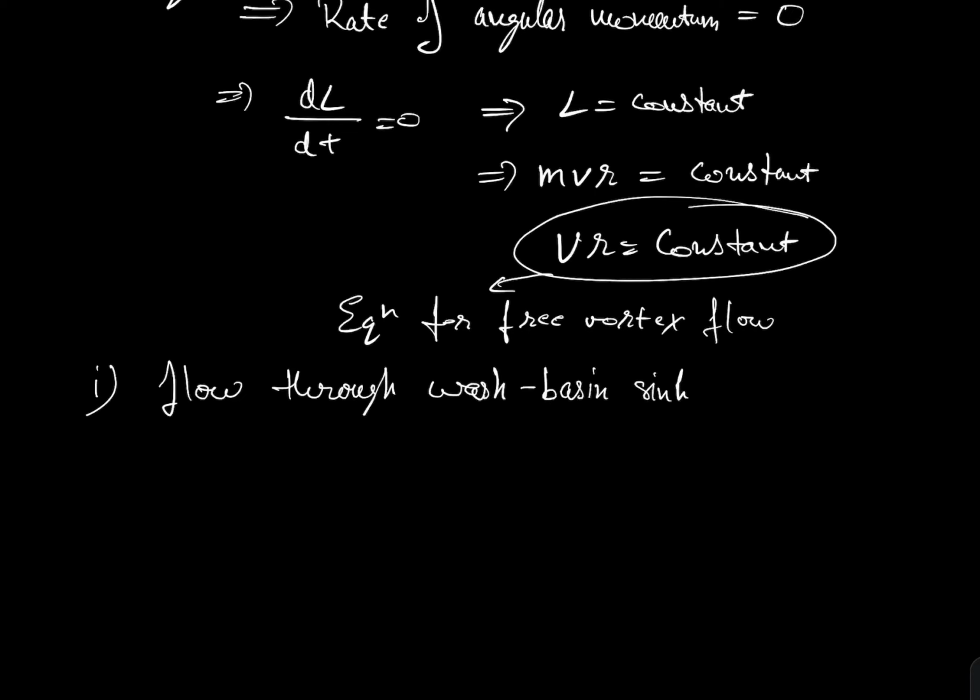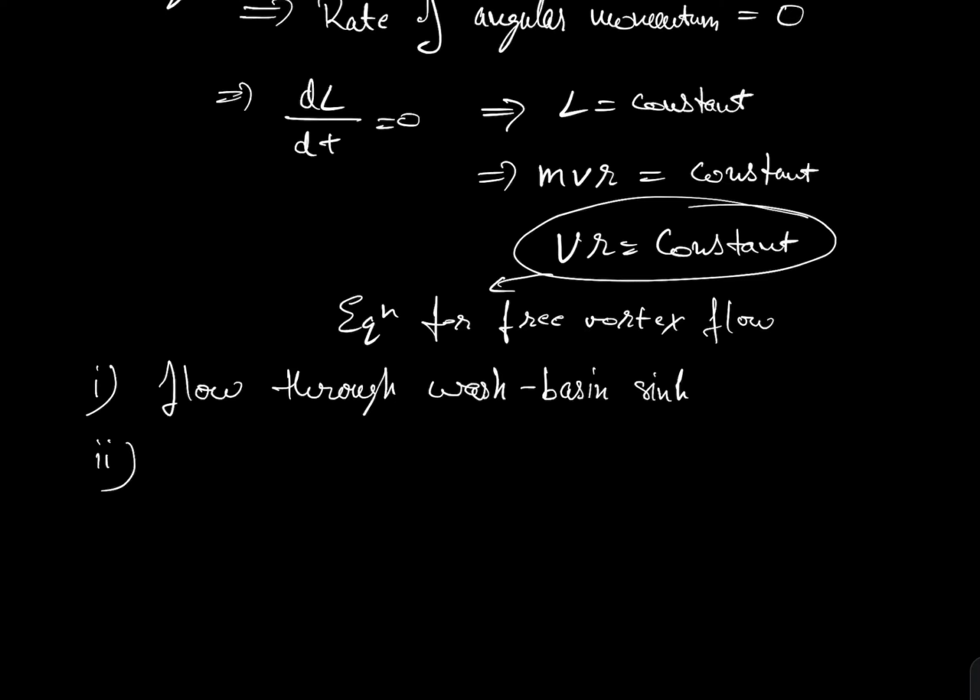When the sink is completely filled with water, let's say there is some blockage, then when you remove the blockage, the flow revolves in a curved path, right? That flow that you see, we are not applying any external torque there, but it is due to natural pressure difference in such a way that the flow is a curved flow. That is called a free vortex flow, right? So it's a wash basin sink.